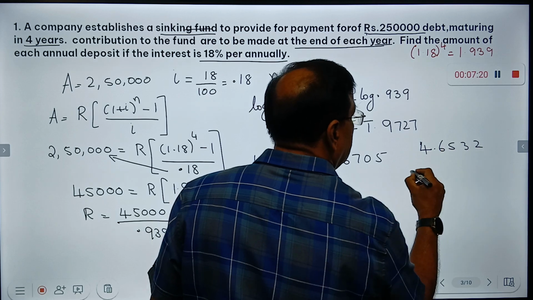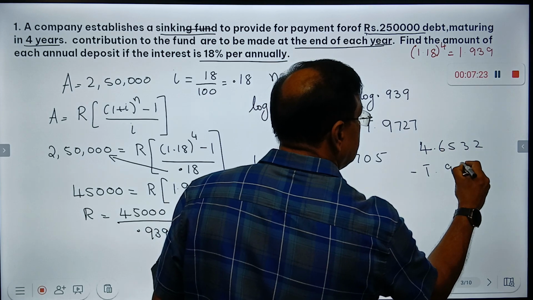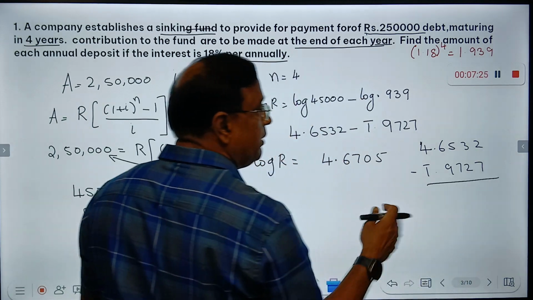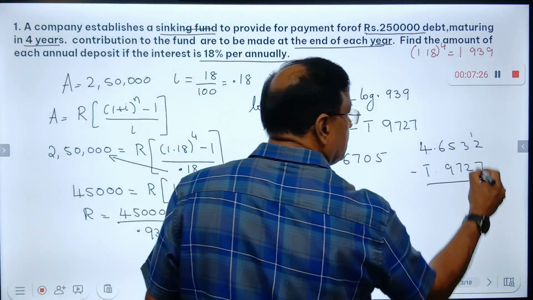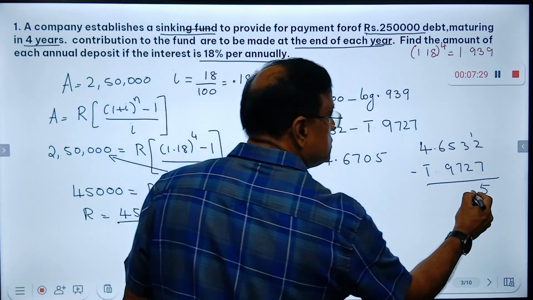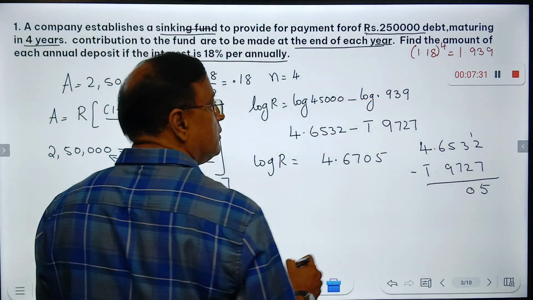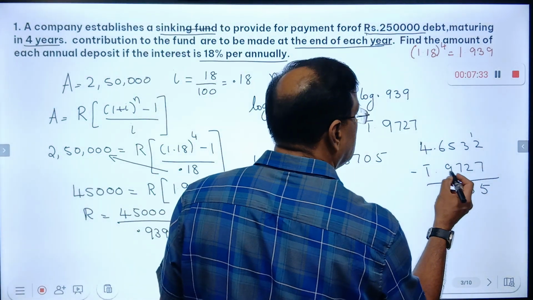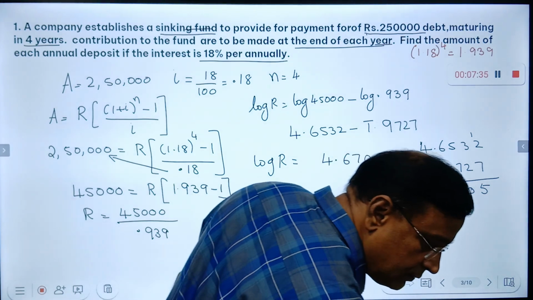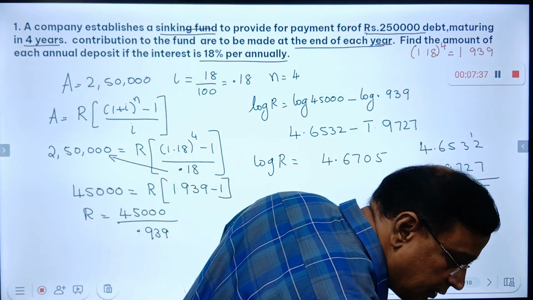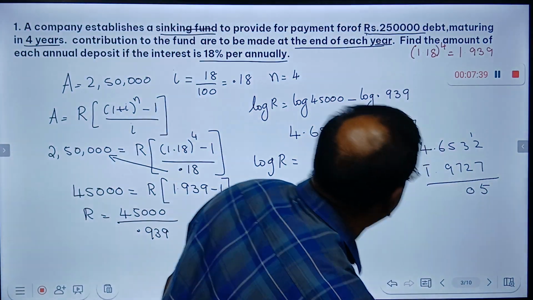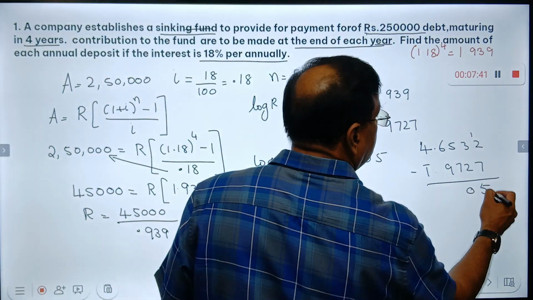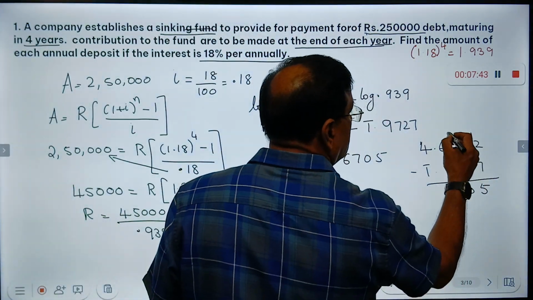Maybe I'll just explain once again the subtraction part because there is a bar involved. 4.6532 minus bar 1.9727. From the next problem I'll take it for granted. This is 5, 0, then it is 5, 1, 5, right? 6532. So it is 5, 0. Here I borrow.